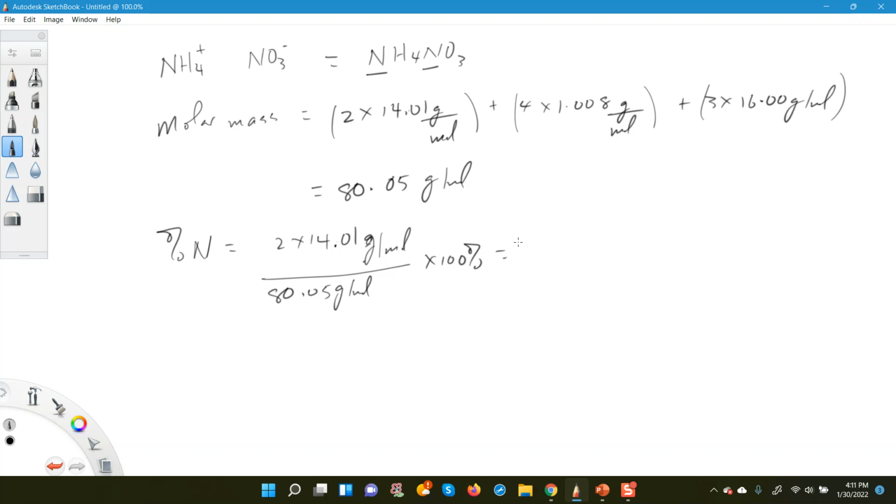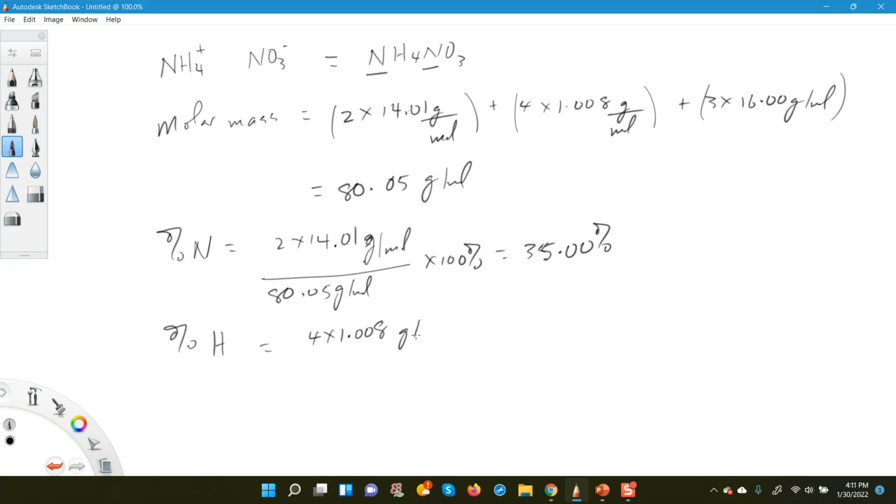That is 28.02 divided by 80.05 times 100. So that will be equal to 35.00%.